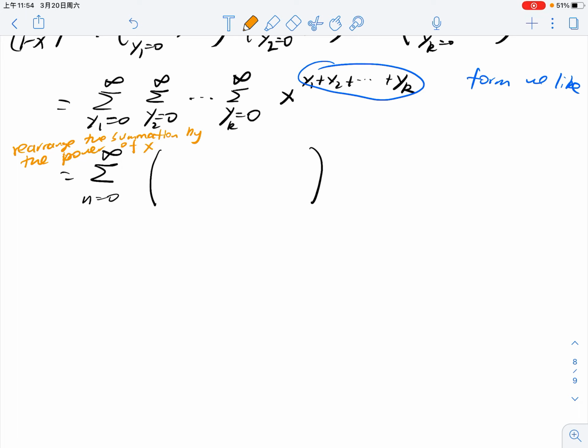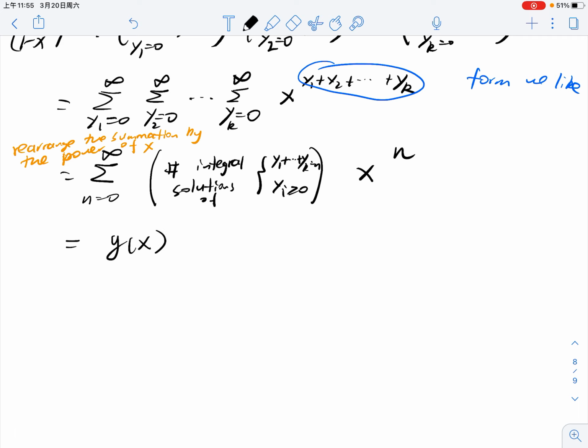You combine all the terms with the same power in x. So x to the n's power, and then inside will be just the number of integral solutions of the equation. Okay, then by definition, this is just g(x).